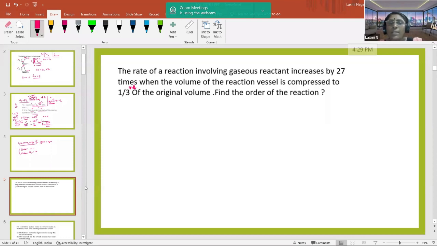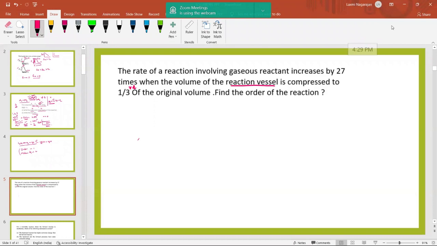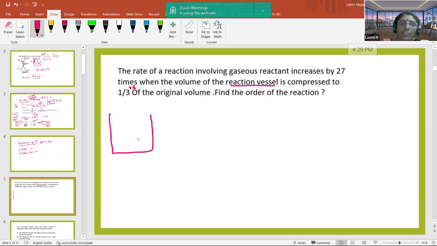The rate of reaction involving a gaseous reactant increases by 27 times when the volume of the reaction vessel is compressed to 1/3 of the original volume. Find the order of the reaction. If you are not getting the clue, suppose I have a gas A. Now the rate is going to depend on A to the power x.